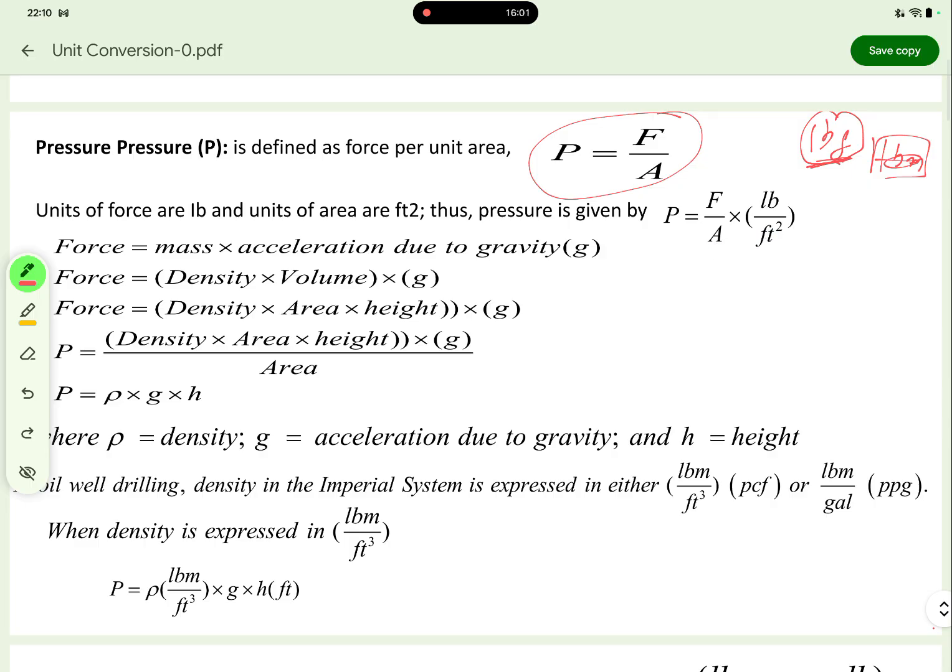Now let's do some calculation to see how the pressure of rho g z is coming. So, pressure is equal to F by A, right? Force divided by area.